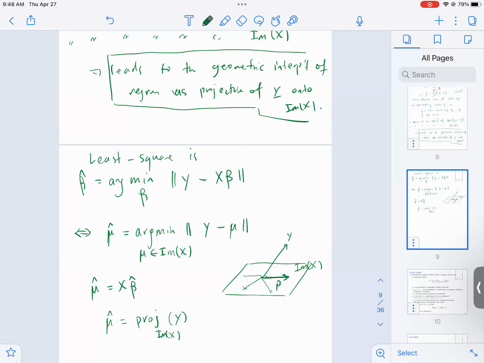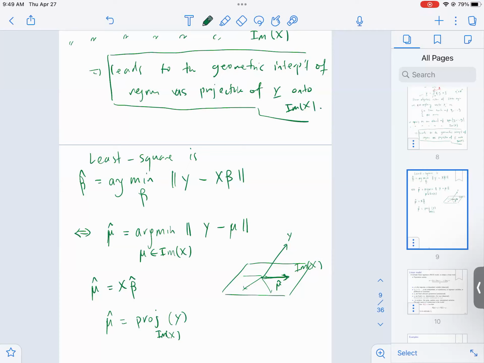Yes, so equal to y minus P. What is P? Oh, I'm calling the projection mu hat, right? So I'm projecting y onto the image, and that's called mu hat. Can you say something about the relation of mu hat and y?